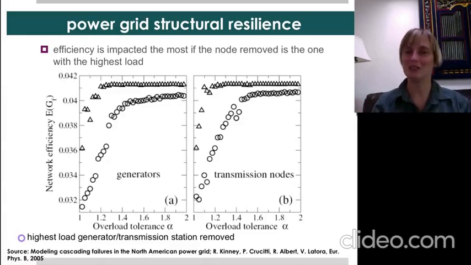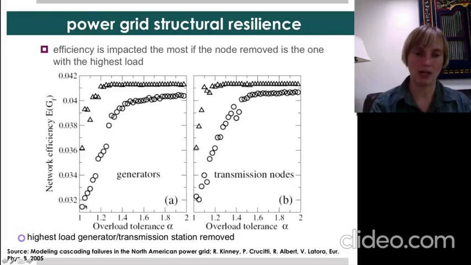So you just assume one or more of them have failed for some reason, and this is as you target, you get to pick which one fails, and you can see that this is worse because the network efficiency drops down further, and this is random.